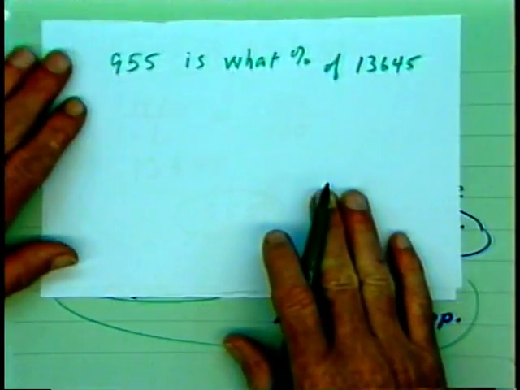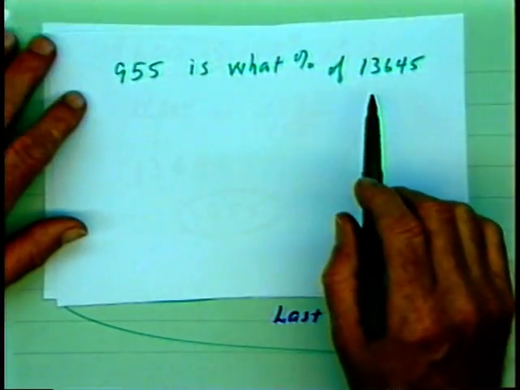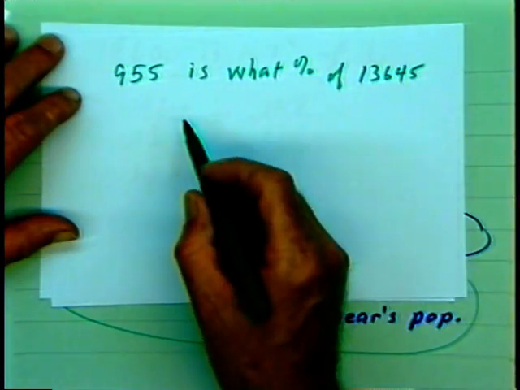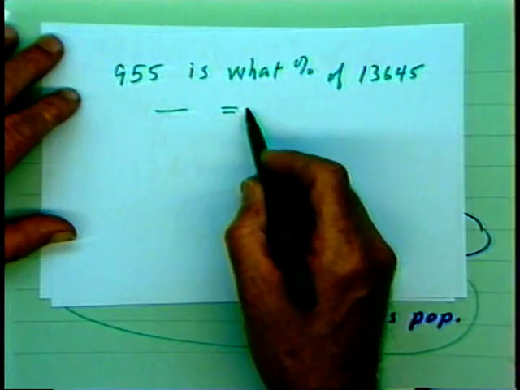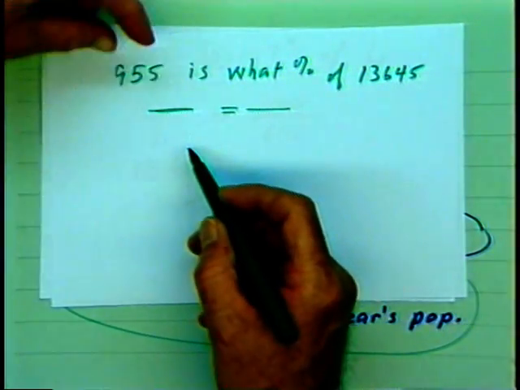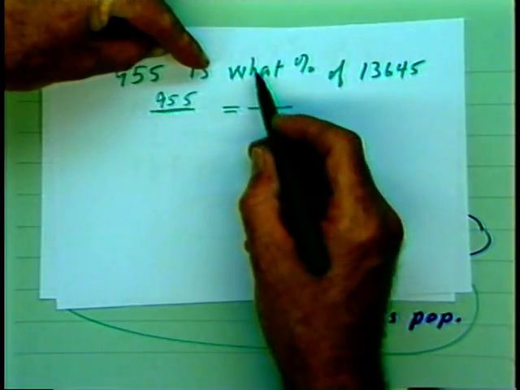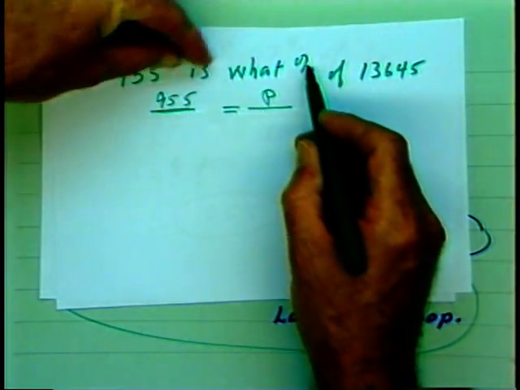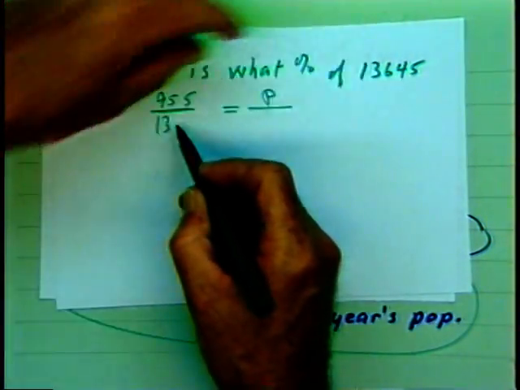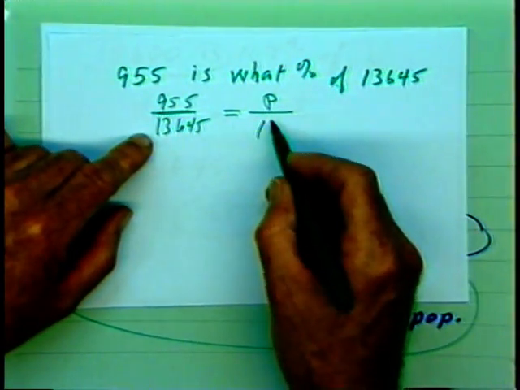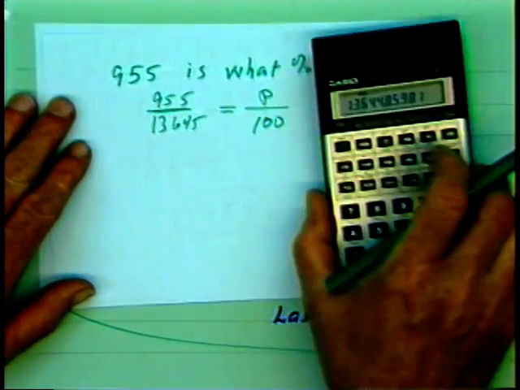Now we're doing this just to check that our thinking is reasonable about what we've just finished. Okay, now translating this to our is of situation again. The 955 is attached to the is. The what is attached to the percent. The 13,645 is attached to the of. And of course this stays at 100.